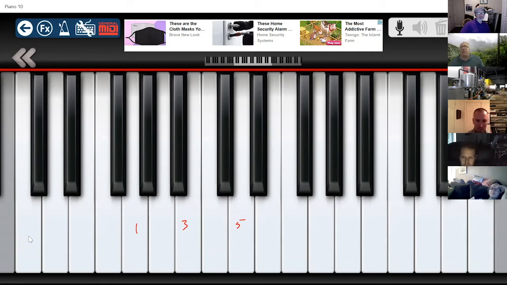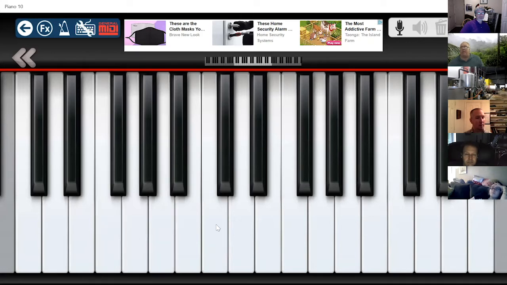So these are all called major triads in the key of C. Your major triads in the key of C are represented by the 1, the 4, and the 5. So the 1, that's the major C chord.